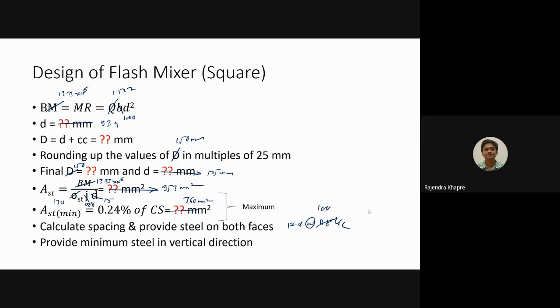Okay, as far as the vertical reinforcement is there, vertical reinforcement should be considered as the minimum one, ast minimum, that is this one. So we can provide 8 dia at 125 center to center. ठीक है, ast minimum is 360 and if you see the previous slides you will find 125 spacing is sufficient.